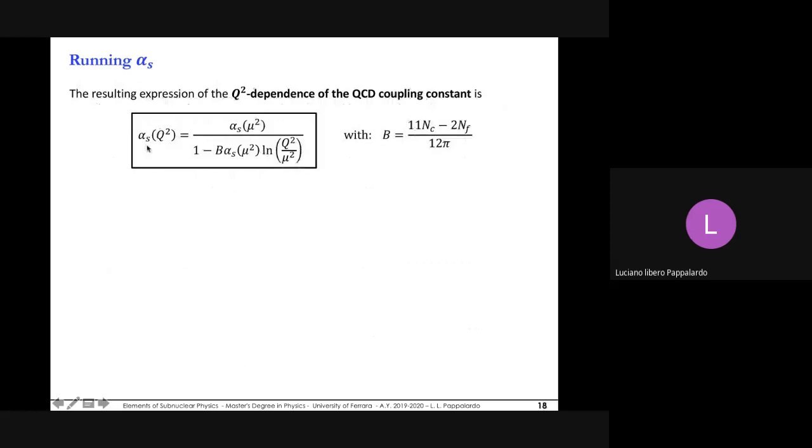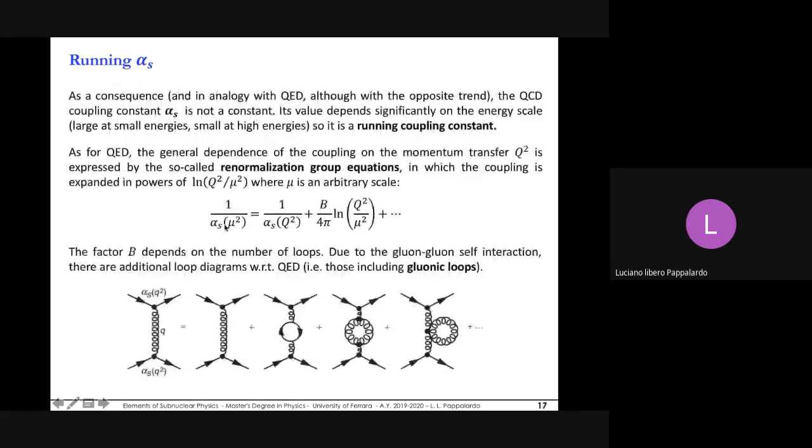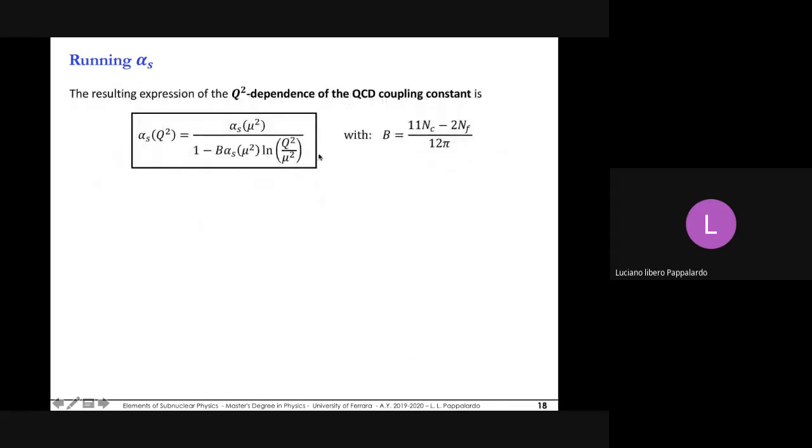So now we can invert this relation, okay? So we obtain alpha strong from this, okay? And this gives us the Q square dependence of the QCD coupling constant, okay? So it is the alpha strong at a given scale mu, okay? And then we have this logarithmic dependence on Q square.